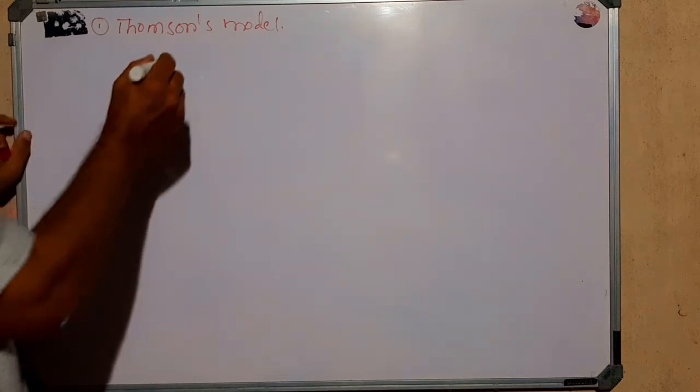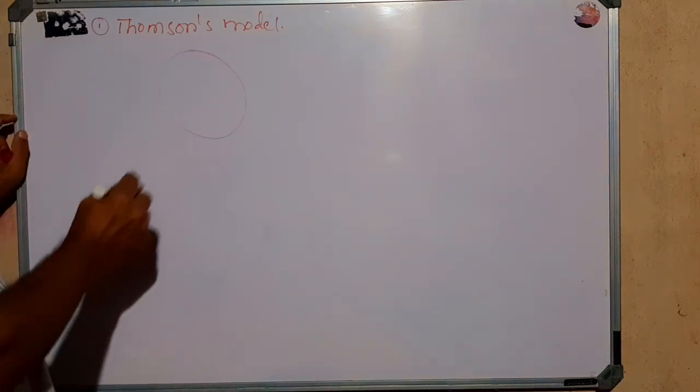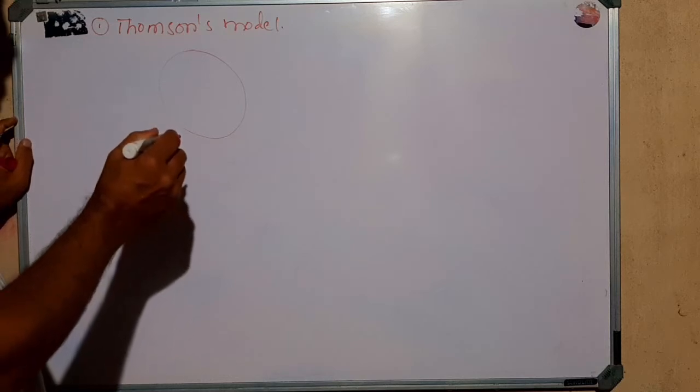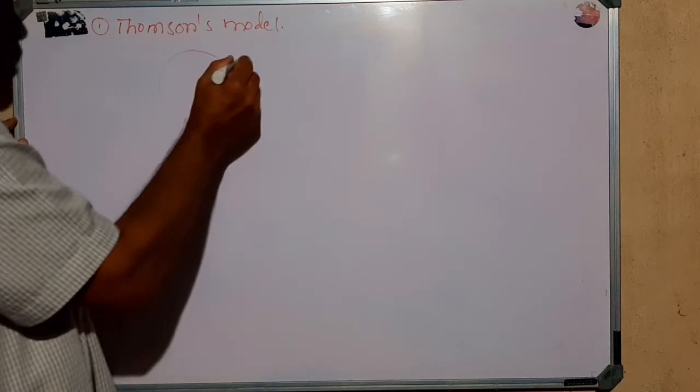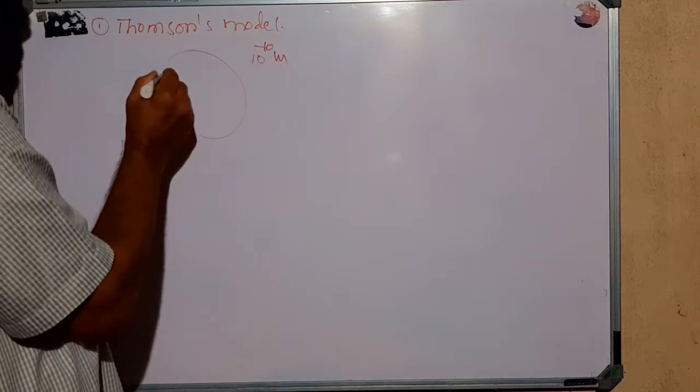According to Thomson model, an atom consists of positively charged particles and negatively charged particles. These positively charged particles are distributed in a sphere of radius of the order of 10 to the power minus 10 meter.